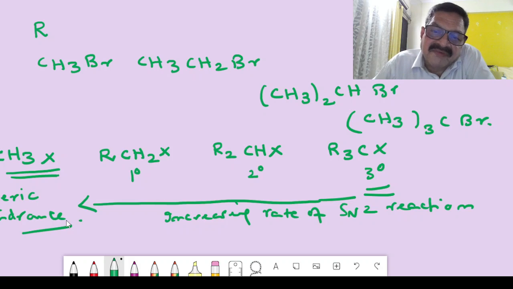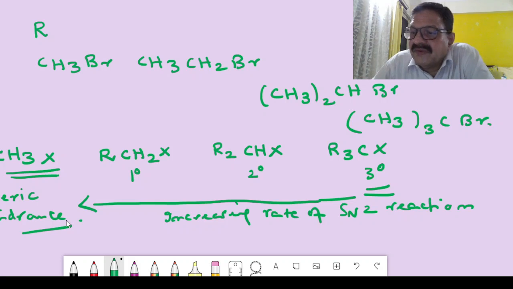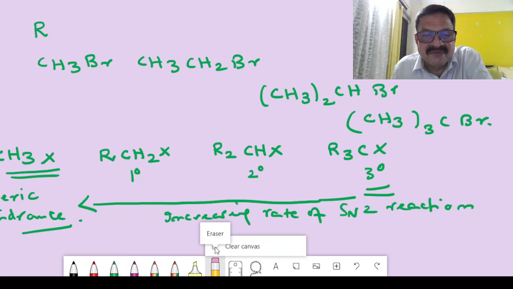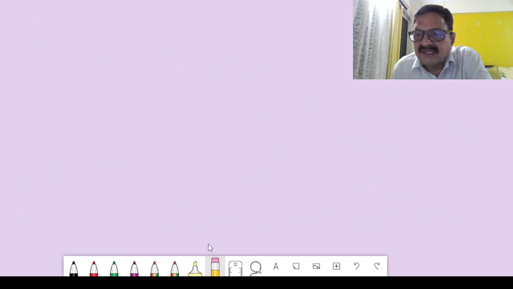Now this effect of steric hindrance in an Sn2 reaction is reflected even in the transition state. Before concluding, I will give you an example of a transition state.